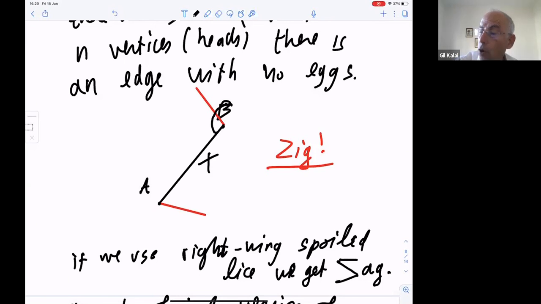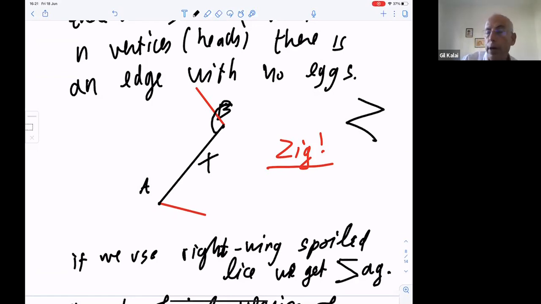And as a matter of fact, not only do you get 2 disjoint edges, you get a configuration of 3 edges that can be called a zig. So it is a configuration like this with the same orientation as this picture.